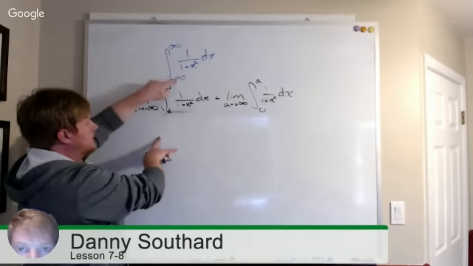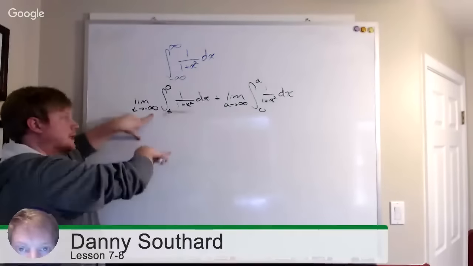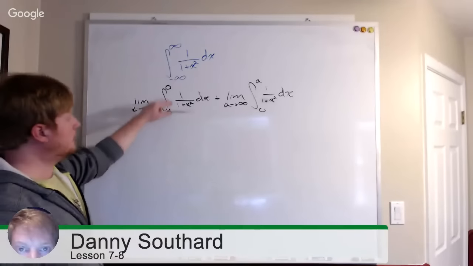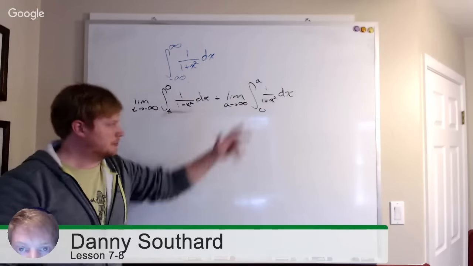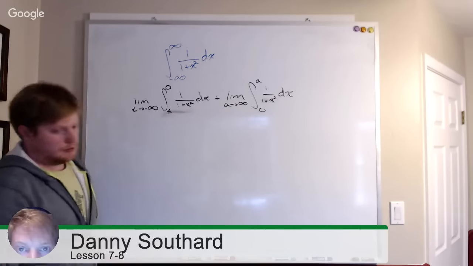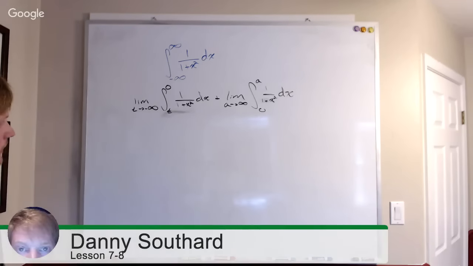And then I replace the negative infinity with a t, and I'm taking the limit as t goes to negative infinity, and I replace the infinity with an a, and I'm taking the limit of that second part as a goes to infinity. And now I just have to do these two problems separately here and then add the results.